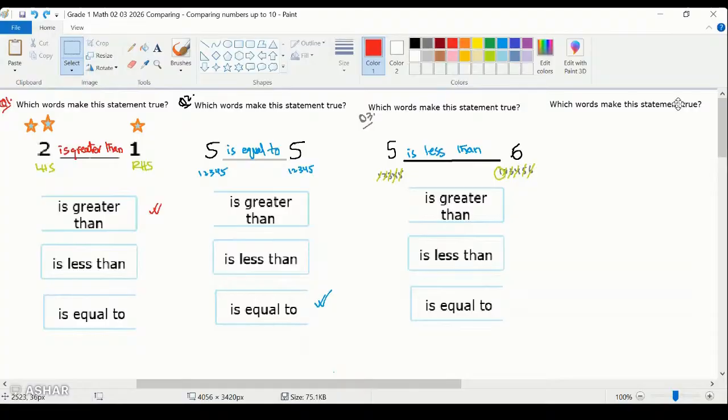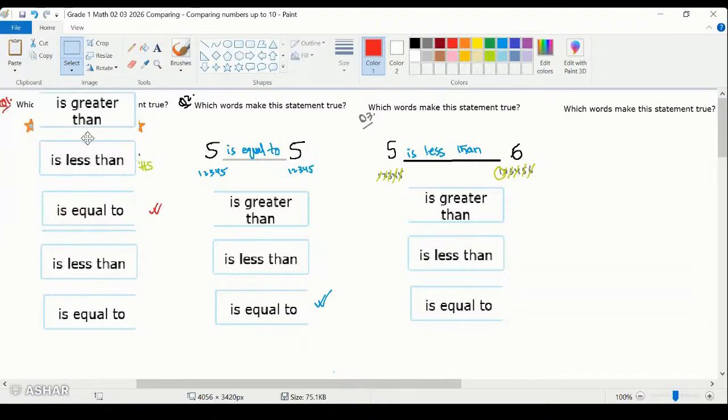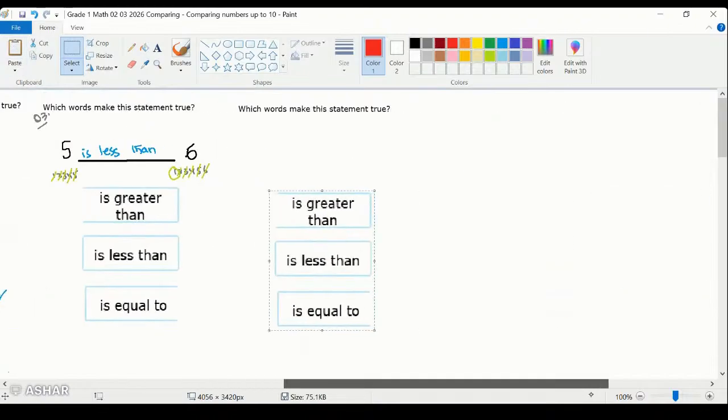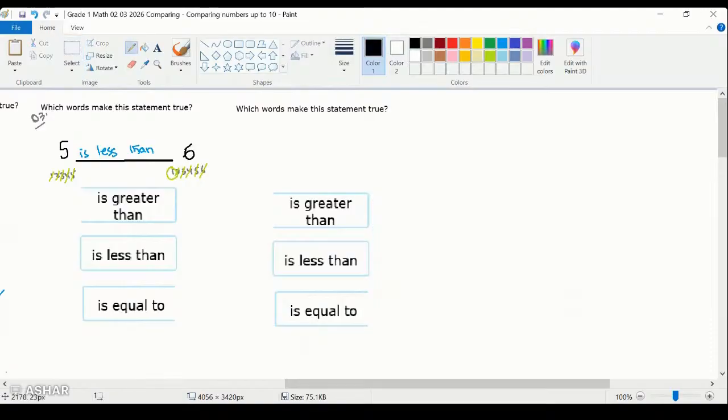If I change the statement and I write it in a different manner, for question number 4, in this we know that it was less than, agreed? But if we write 6 and 5, what should happen? If 5 is written before 6, then we say 5 is less than 6, right?